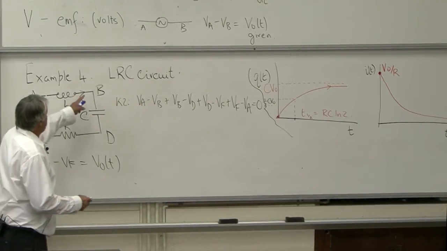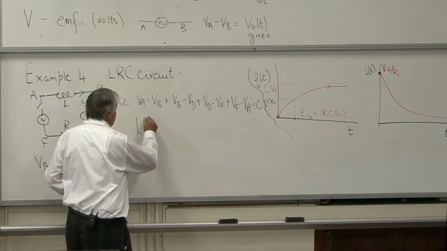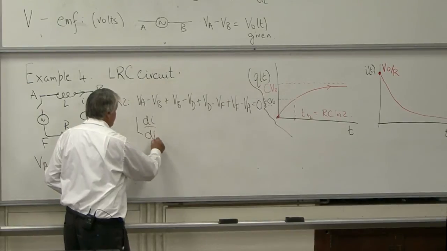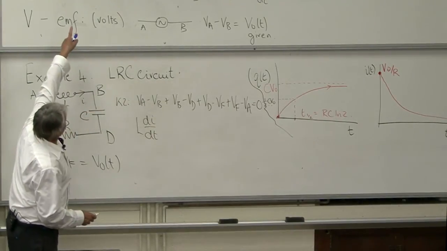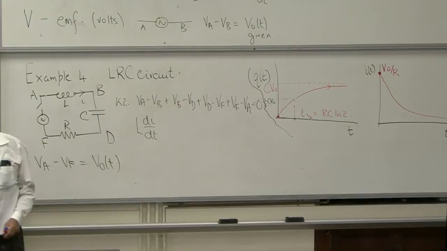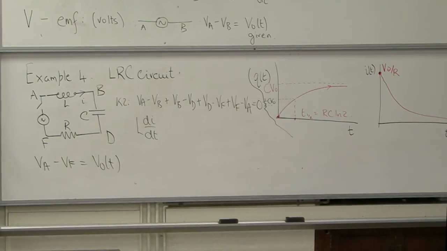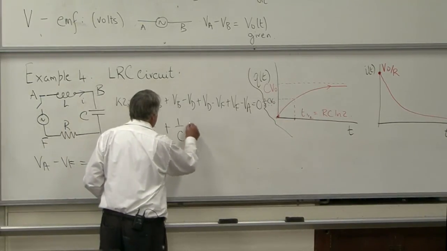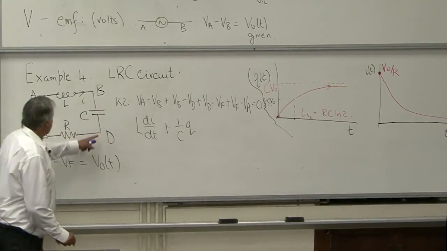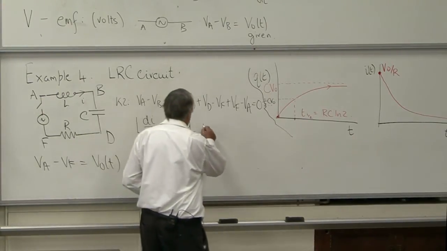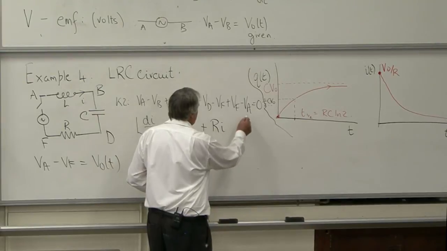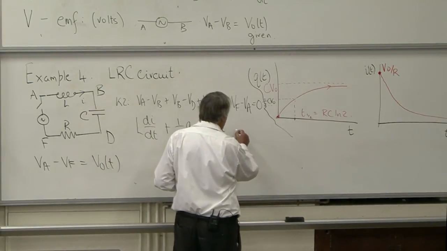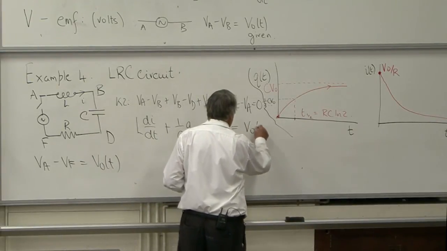VA minus VB is L di by dt, right? From our inductance, the voltage drop across the inductance. VB minus VD, that's Q over C. VD minus VF, Ri. And VF minus VA is minus V naught, so I'll bring the V naught to the right-hand side.